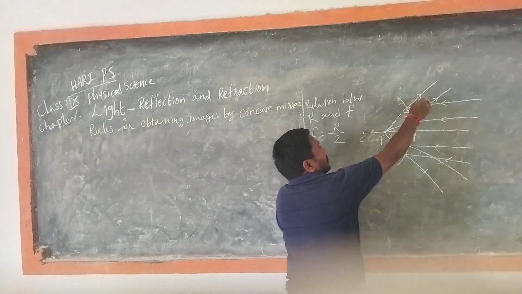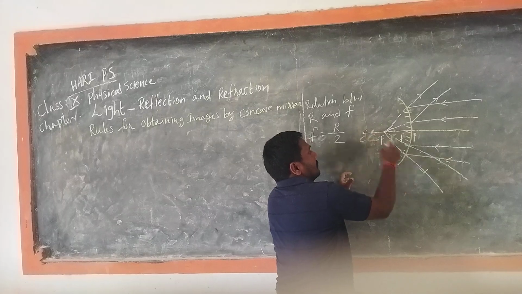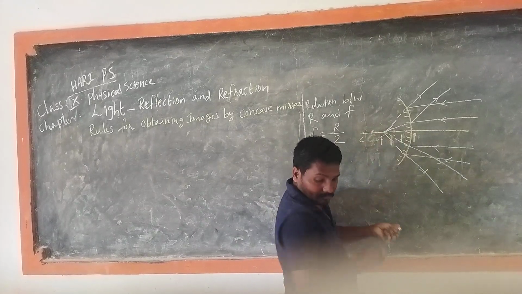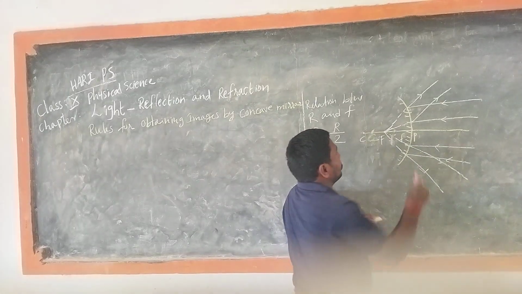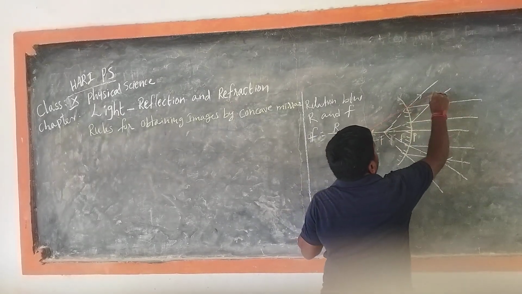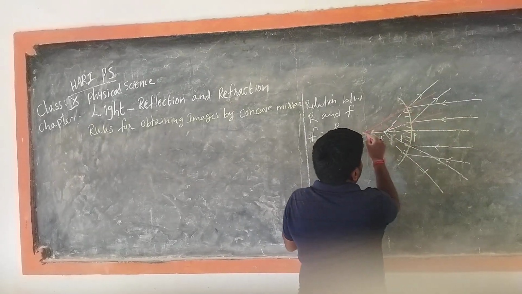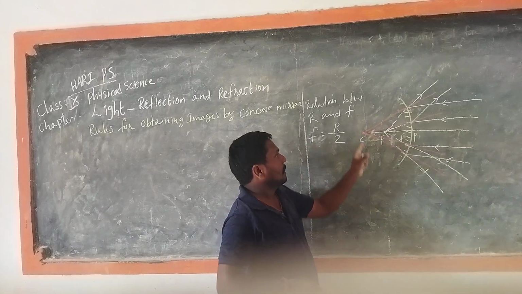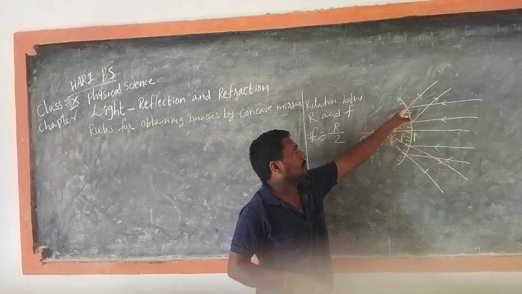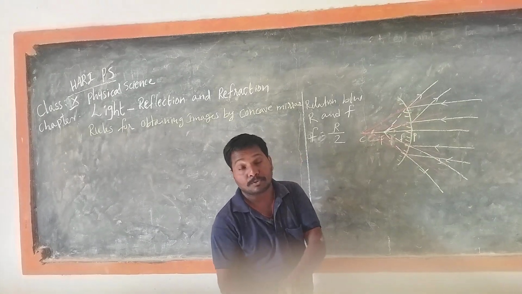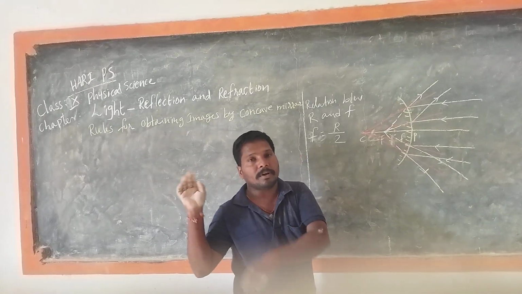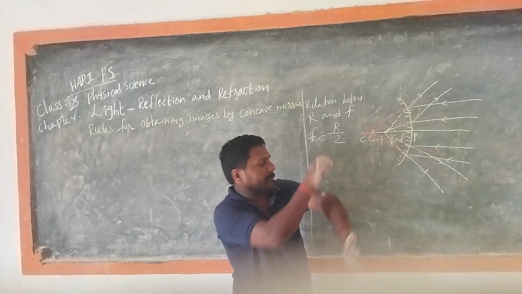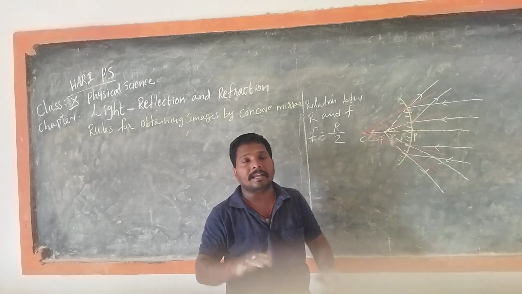If we draw some normals like this, all the normals meet like this. So for the reflected ray, we have to take virtual rays. I will discuss why, because the convex mirror is a diverging surface.